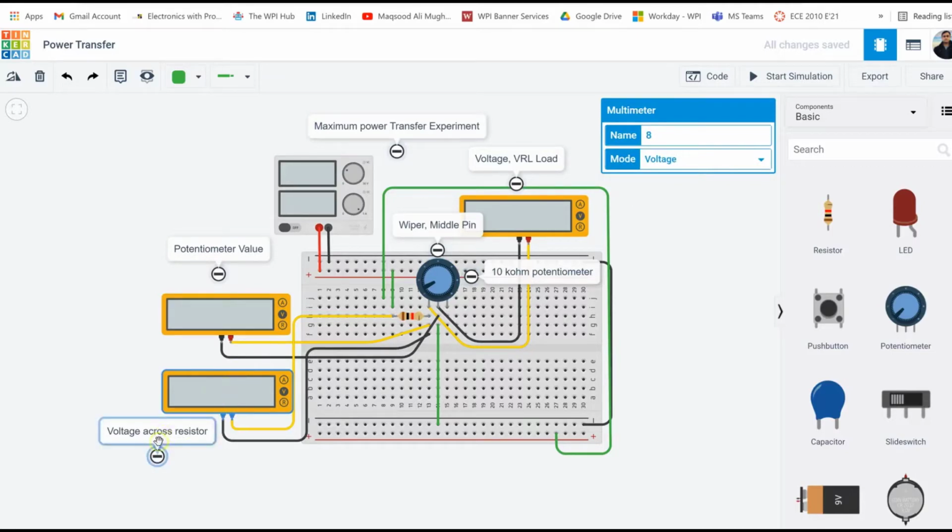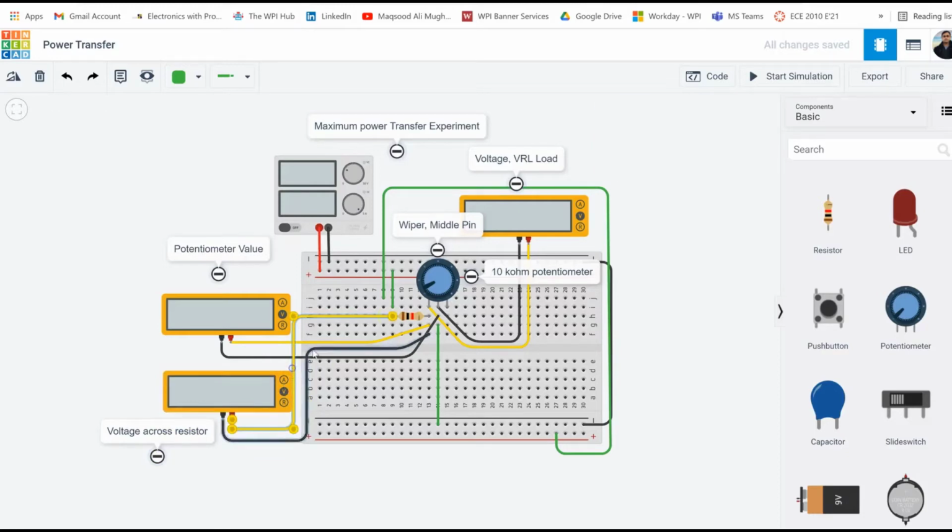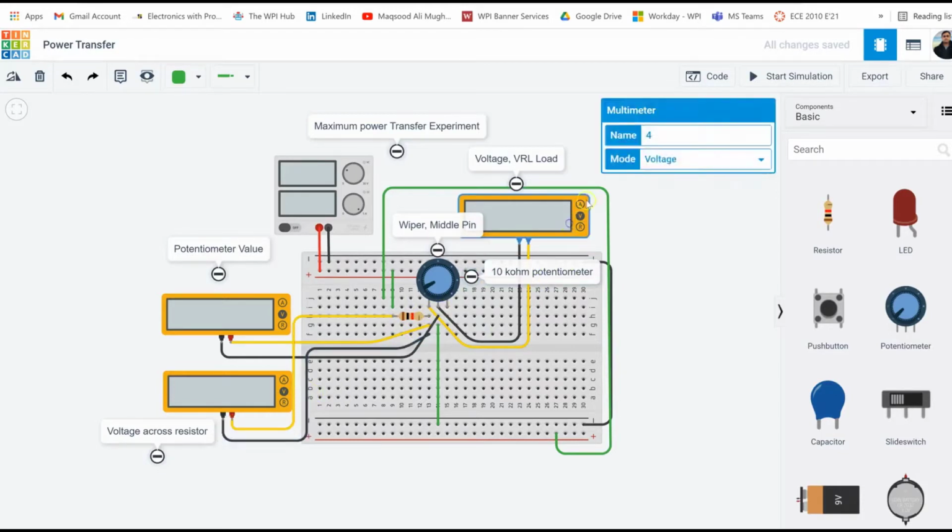This multimeter is going to tell us the voltage across the resistor, and hence you have this yellow lead connected to terminal 1 of the resistor and the black one connected to terminal 2 of the resistor. Finally, this multimeter we are going to use to determine the voltage across the load. Remember, the potentiometer is acting as a load.